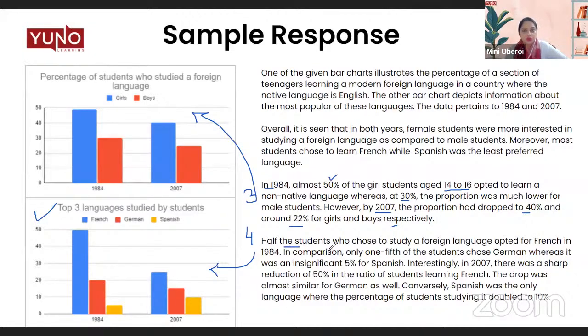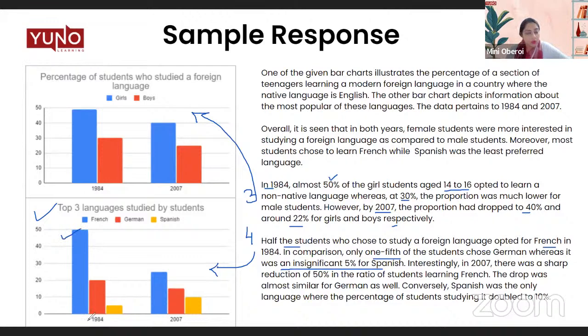Half of the students who chose to study a foreign language opted for French in 1984. In comparison, only 1/5 of the students chose German, whereas it was an insignificant 5% for Spanish, right? We are looking at 1984, everyone.